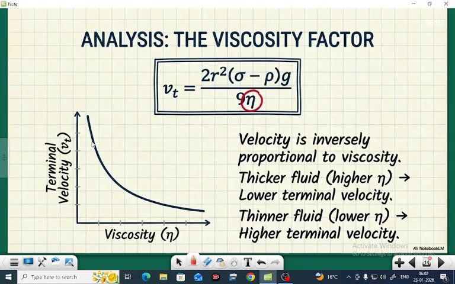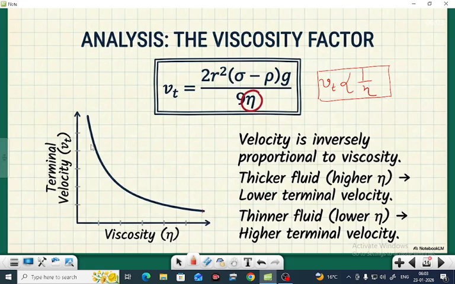When the viscosity is high, terminal velocity is very low. So in this factor we get that Vt is inversely proportional to η.